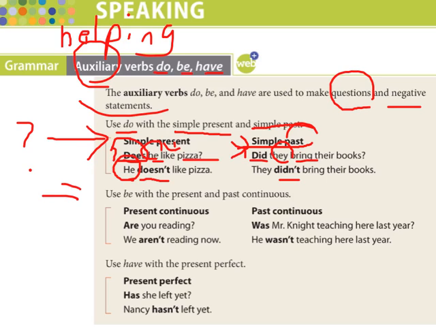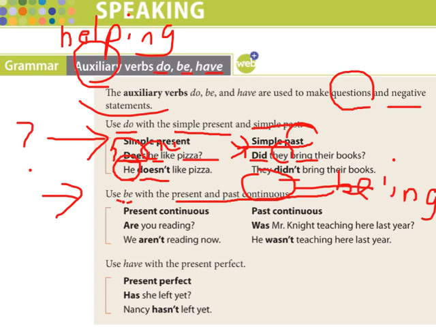So when do we use be? Well, we use be to make questions and negative statements with the present and past continuous verb tense. Now, the continuous verb tense always has an ing with it and a verb to be.